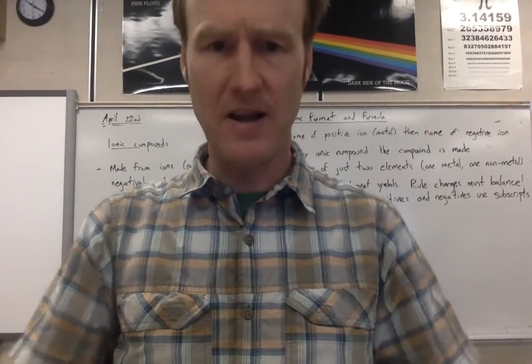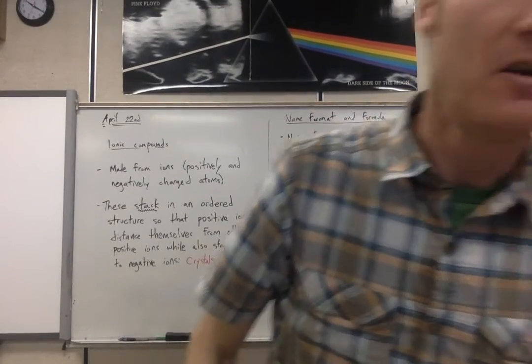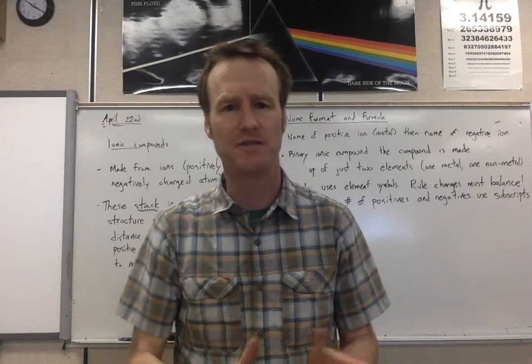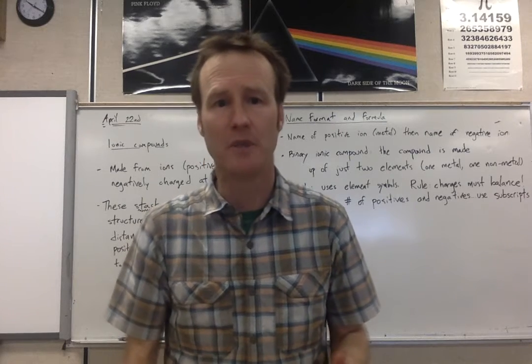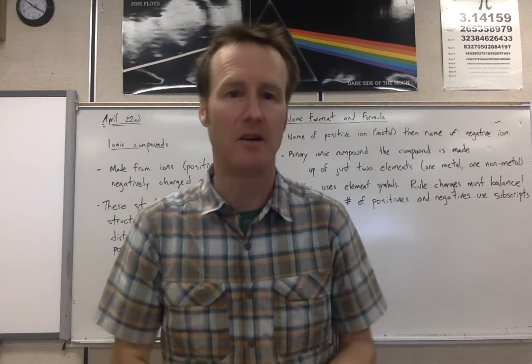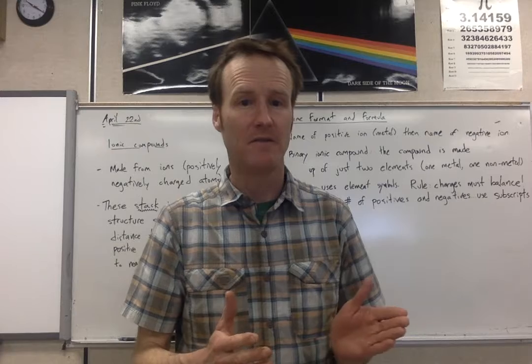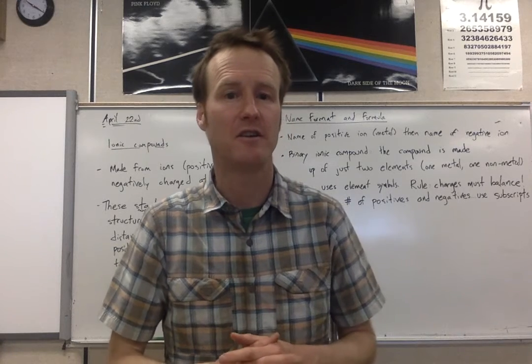The first name of any ionic compound is going to give you the name of the positive ion. For these kinds of chemical compounds, the simplest of all, arguably, the first name is going to be the metal, the positive ion. And the last name is going to be the non-metal, which is negatively charged.